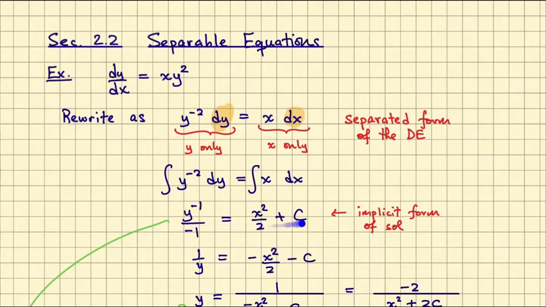Now notice that we could have picked up a constant of integration here, but I only wrote one constant of integration. The reason I did not write one over here is that if I put a plus c over here and, say, a plus d over here, because these do not have to be the same constants, I could just consolidate them onto one side of the equation anyway.